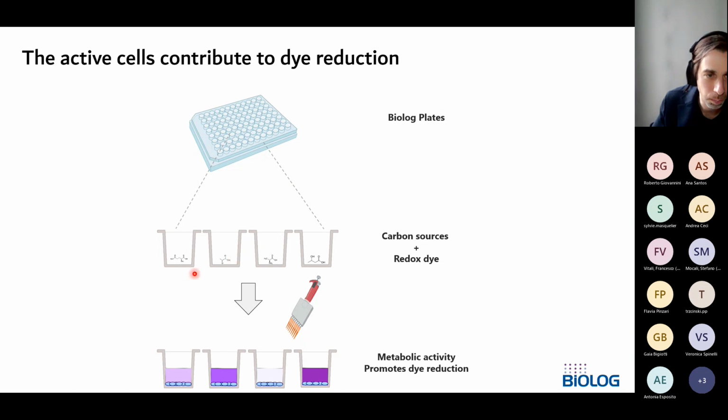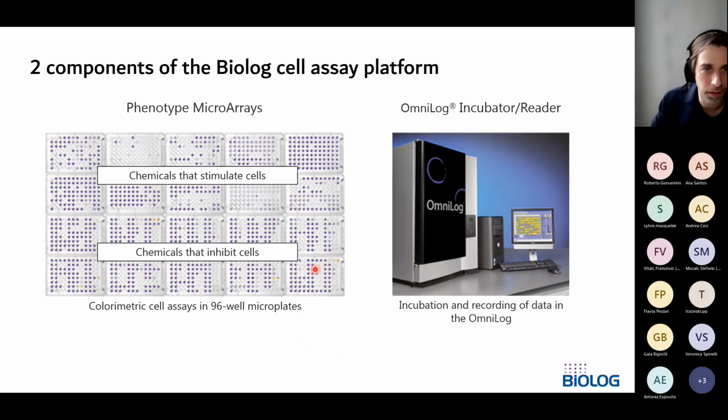The cells find a different compound in each well, and they will respond to it depending on their genetic characteristics and capability or not to metabolize it. So it's a very simple technology, very informative, and it has essentially two components.